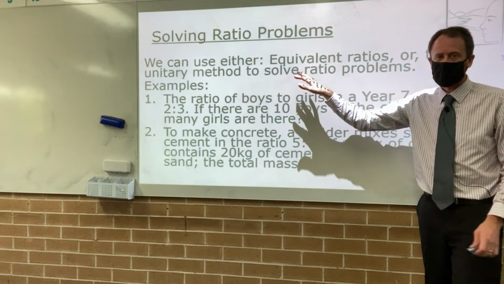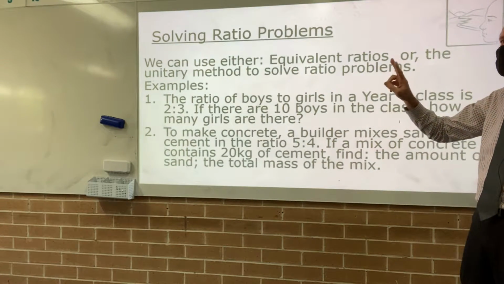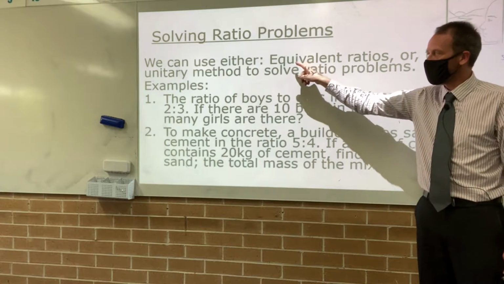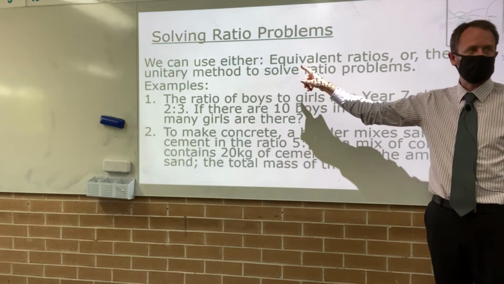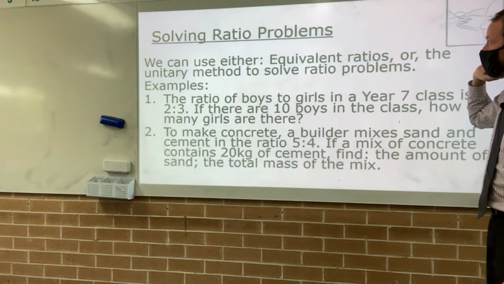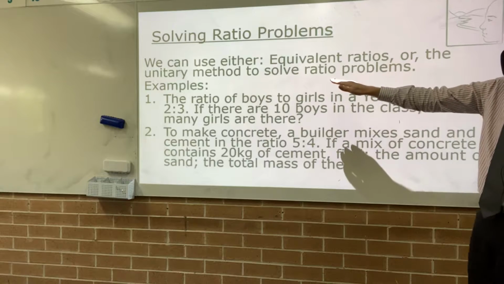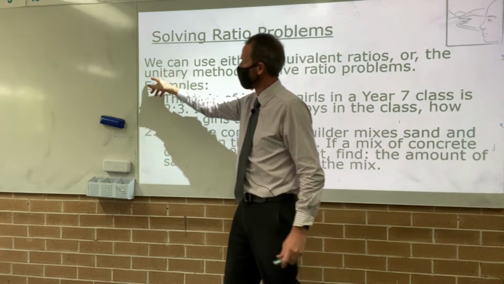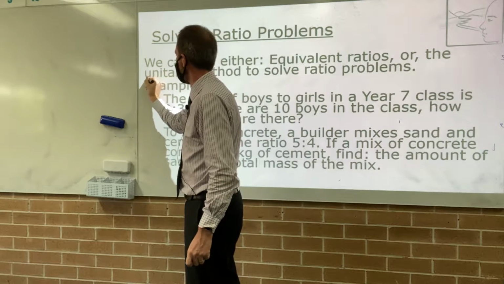But when it comes to solving ratio problems, we've got two methods we can use. We've spent a lot of time trying to work on equivalent ratios, and you can use that method. But the other method is called the unitary method. Unitary, the word unit becomes important.